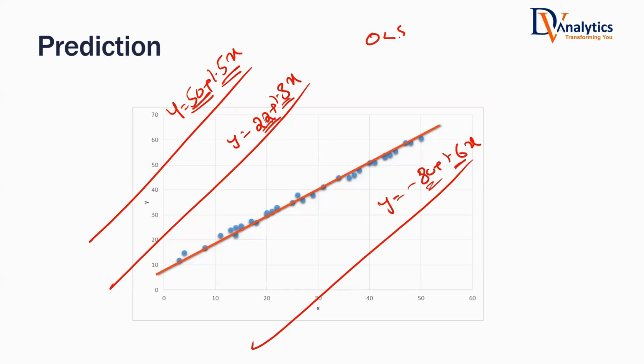So what this OLS procedure does is, it will try different values of beta naught, beta 1. Finally, it finalizes that beta naught, beta 1 pair where our line goes through maximum points in the data, where our line has the least amount of error. So by minimizing the error, these beta naught, beta 1 are captured.